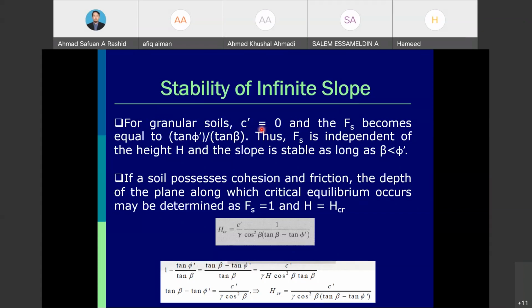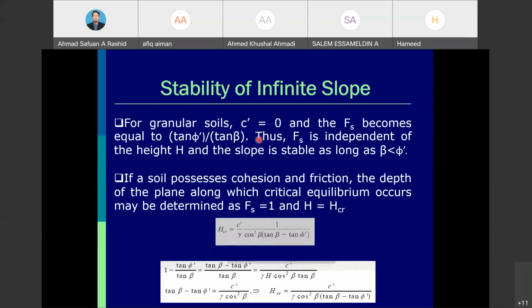For example, if the soil is a mixed soil between cohesive and cohesionless material, using the C prime effective stress approach, the C prime is normally near 0, normally 5 to 10.